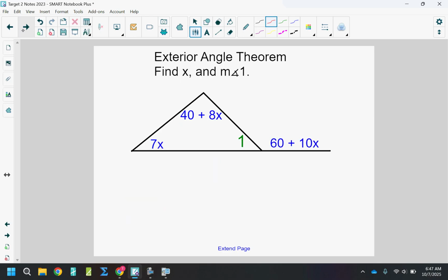But now when I look at this example problem, this green one is talking about angle 1. It's not saying that that angle is 1 degree. Here I could only use the exterior angle theorem. So this exterior angle is equal to the sum of the two remote interior angles.